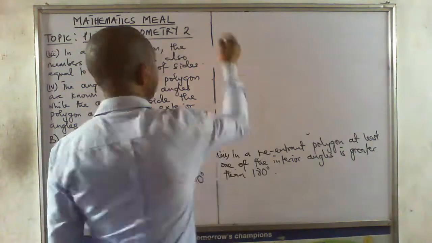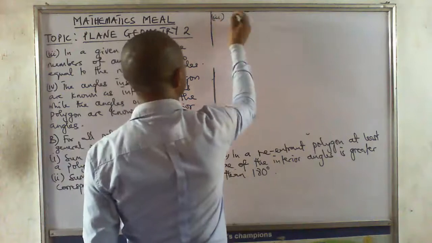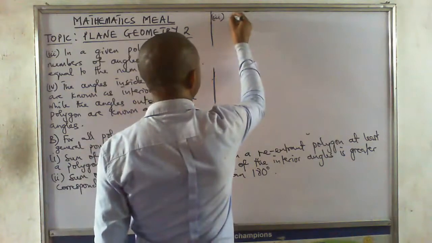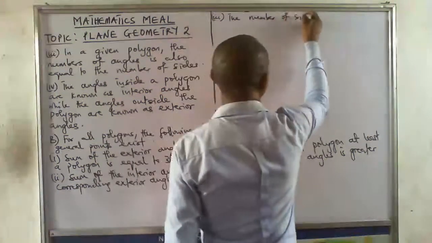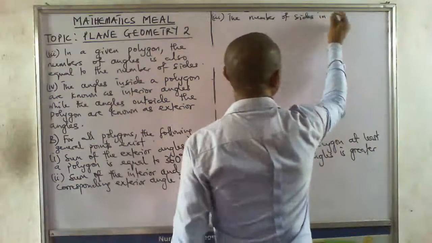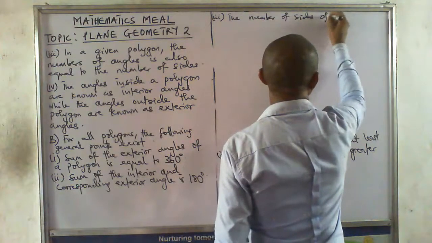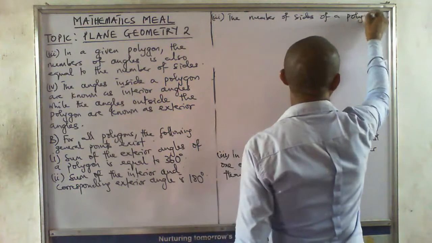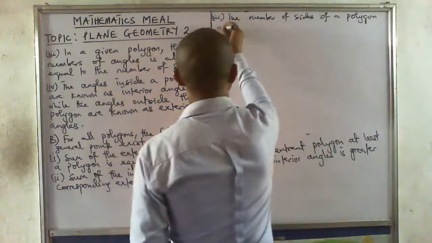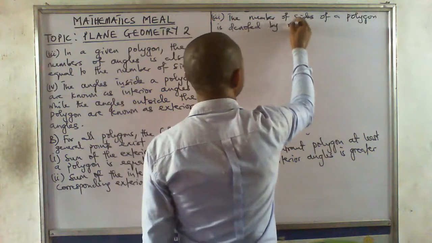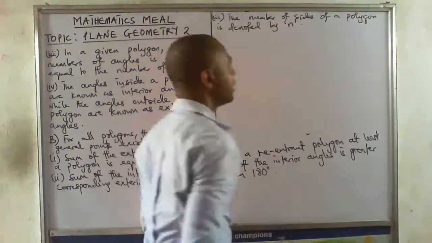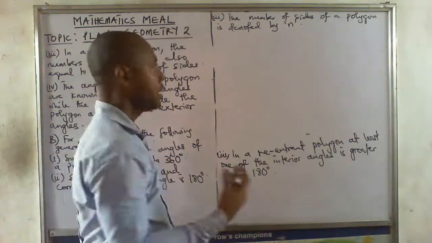So, the third point here, the number of sides of a polygon is denoted by n. So we shall use n to represent the number of sides in a polygon.